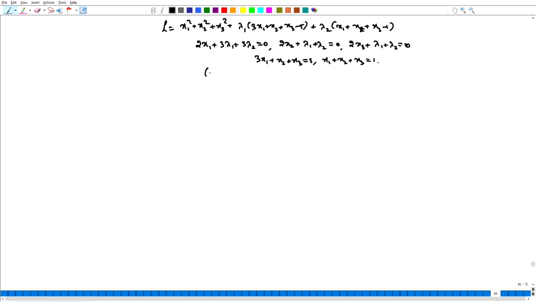So, x1 is equal to 2. And from these two you can see that x2 is equal to x3, right. So, if x1 is 2, you have x2 plus x3 equal to minus 1. So, this will be minus 0.5 and minus 0.5, okay.